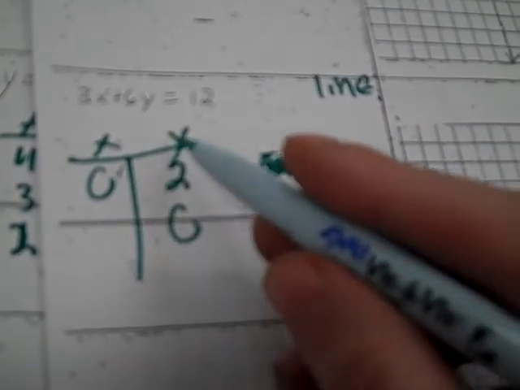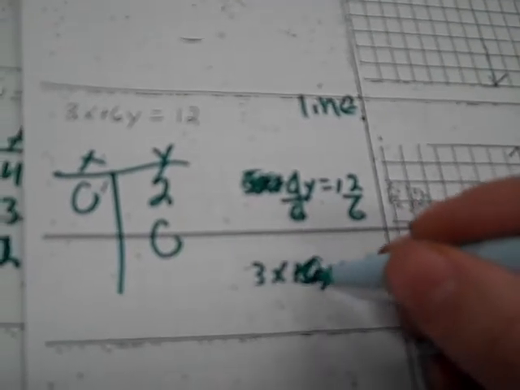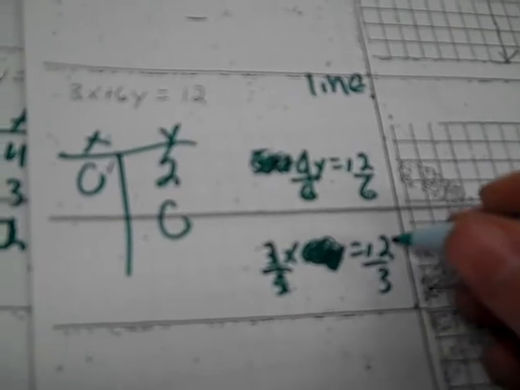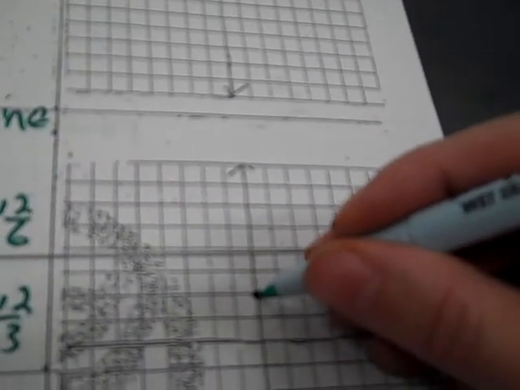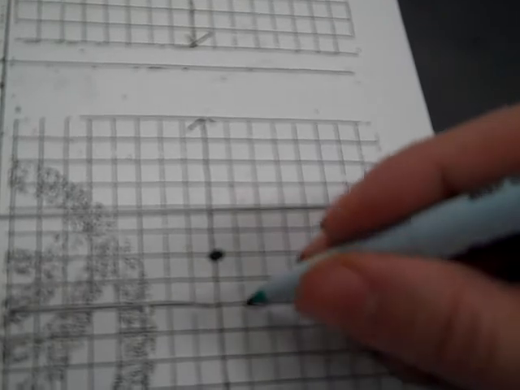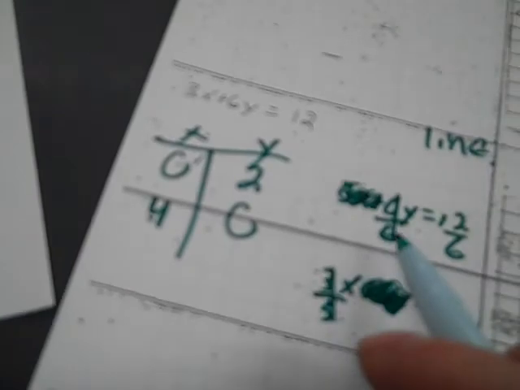Now if y is 0, we can get rid of 6y. 12 divided by 3 is 4. All right, so 0, 2, I go up 2. Now 4, 0, I go back to the middle and go right 4: 1, 2, 3, 4. Okay, and there's my line. That is how I handle lines where x and y are on the same side: 0, 0, write it out twice.